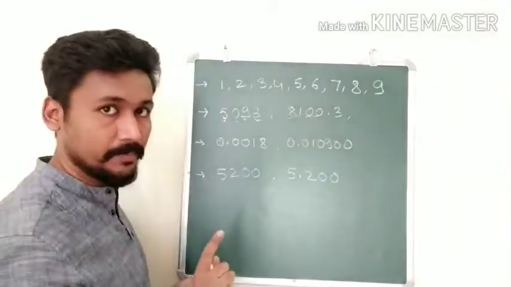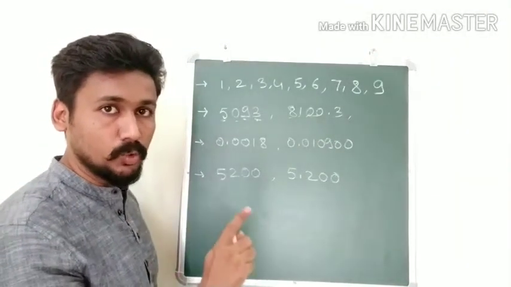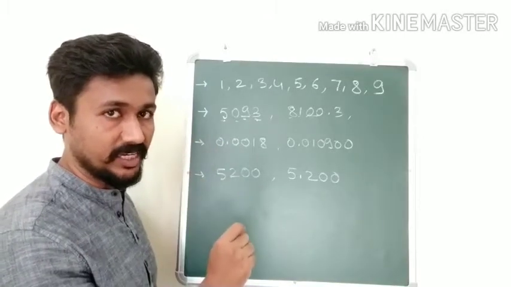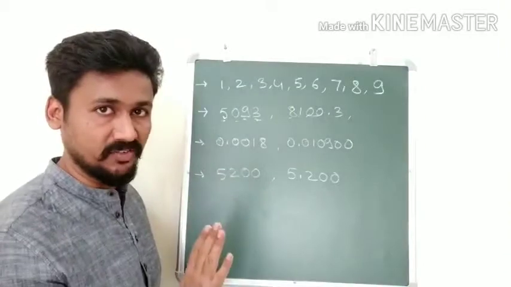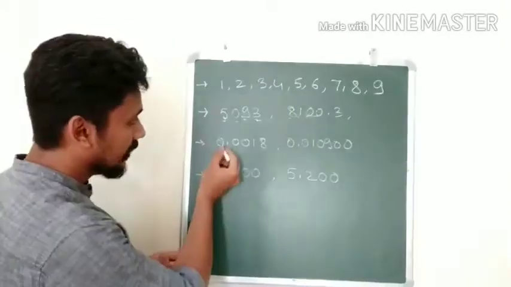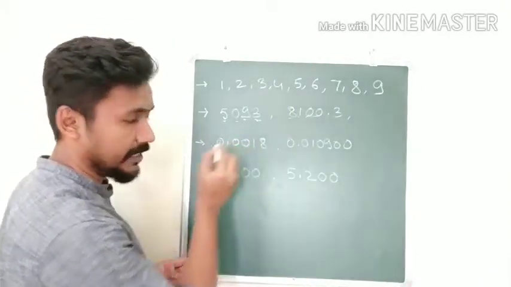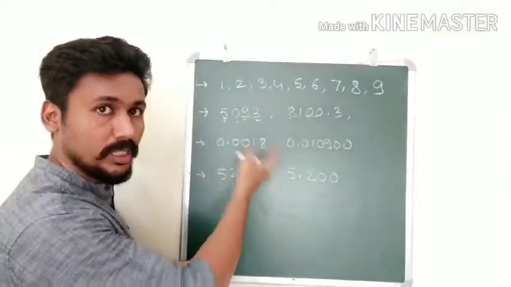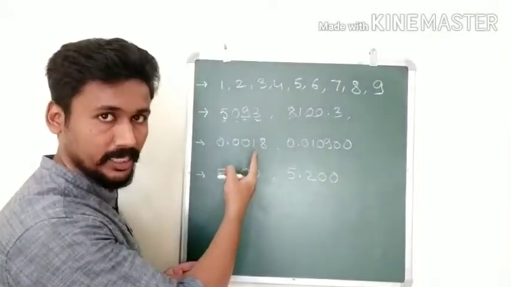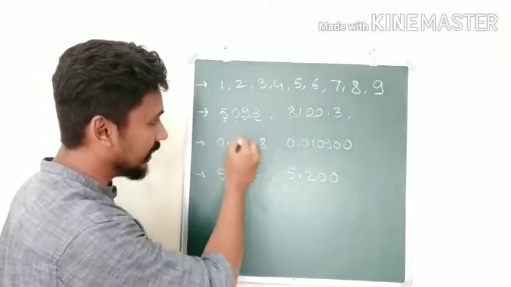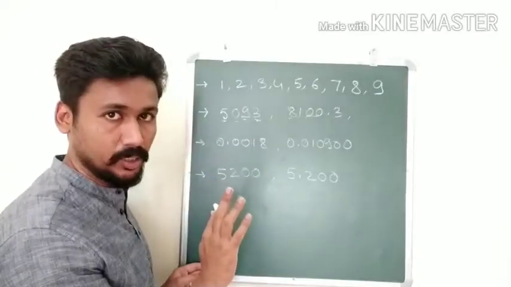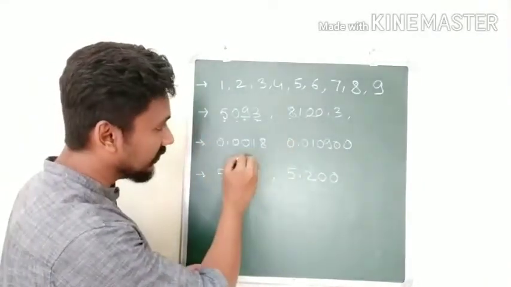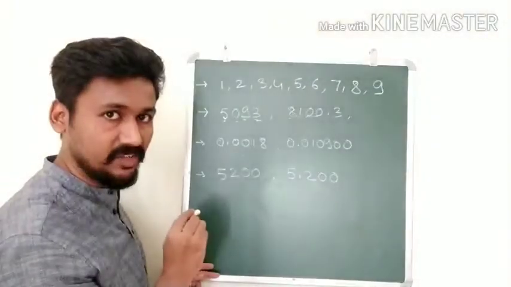Rule number 3, if 0 is towards the left hand side of a significant figure, then that 0 is not significant. Okay, for example 0.0018. Okay, what we see, these 3 zeros, they are to the left hand side of 1. Okay, so therefore all these 3 become non-significant. Okay, but 1 and 8, these are always significant. So in this given measurement, how many significant figures?